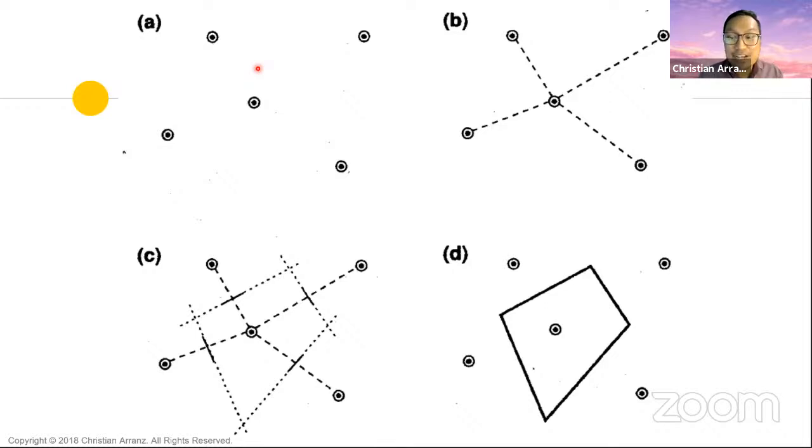Ayan. So here is what you do in the polygon method. Okay. So I will need my annotation thingy. Okay. So first, what you do to create the polygons is to try to connect each of the drill holes like so.